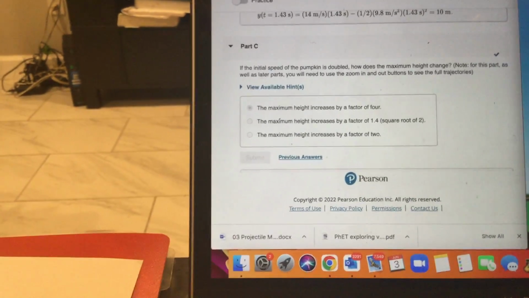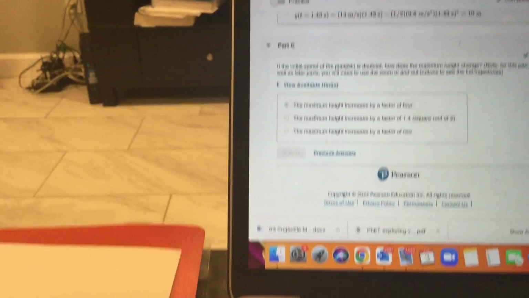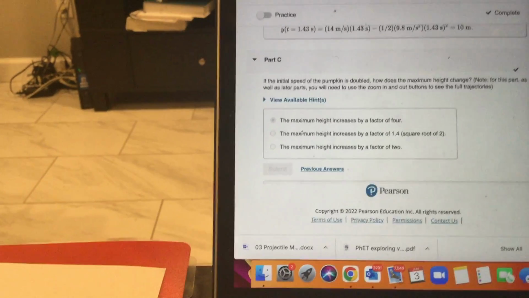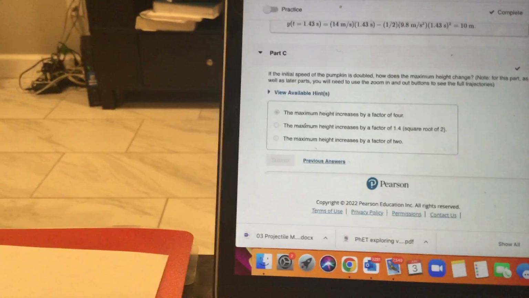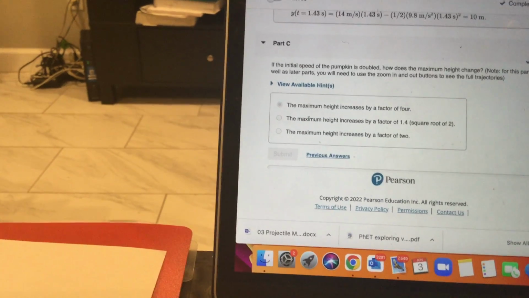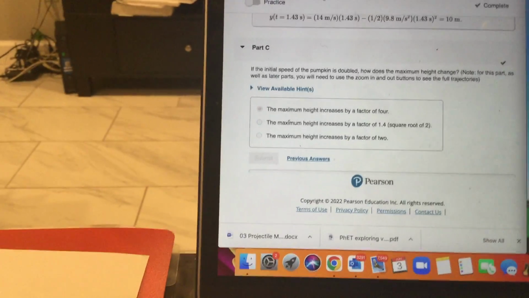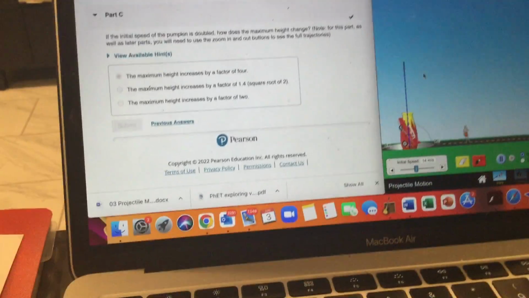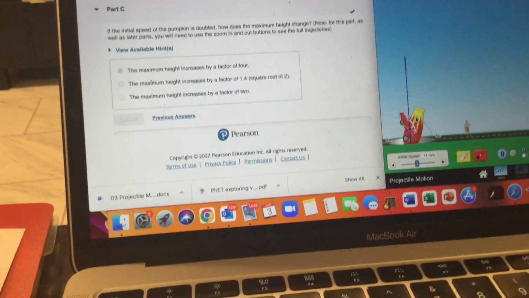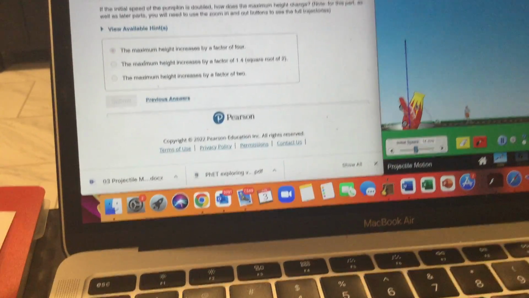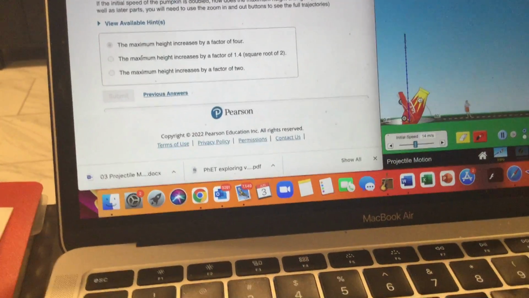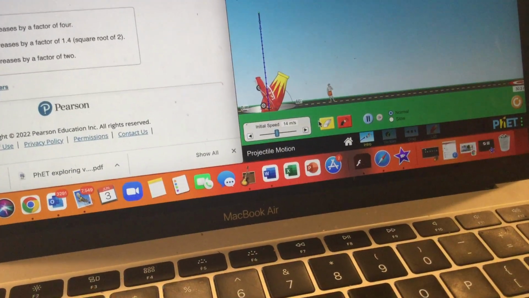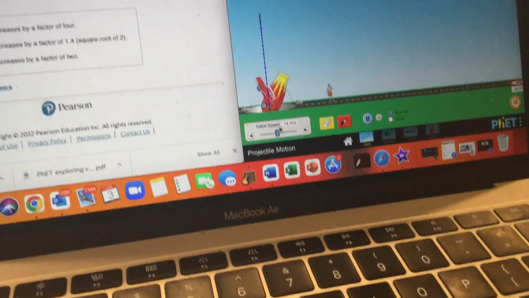So we can reason that it will be 4 times greater due to the speed doubling, and we can test that out using the simulation to see what happens when the speed is increased.